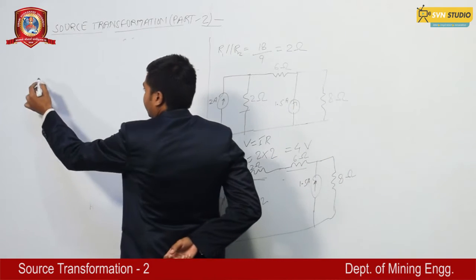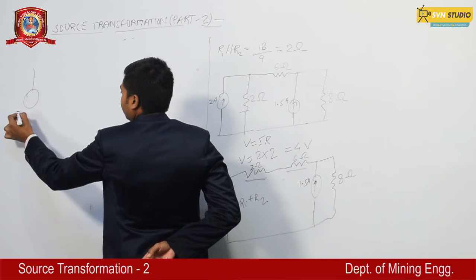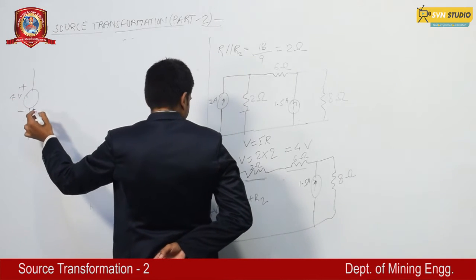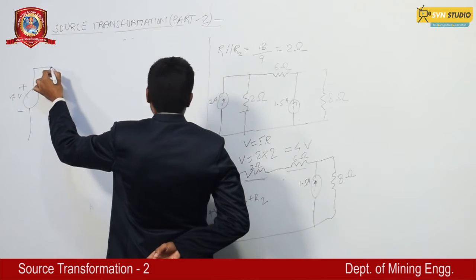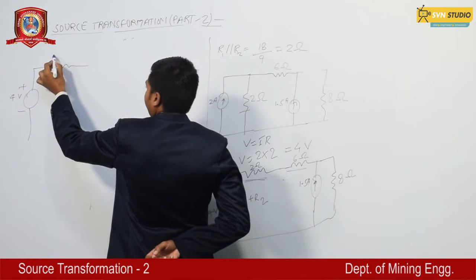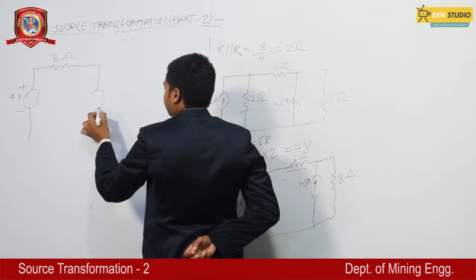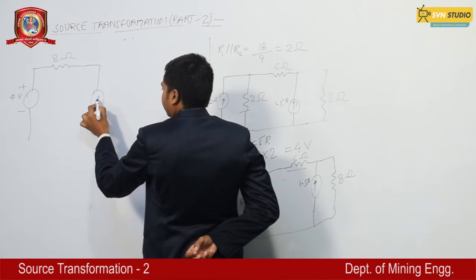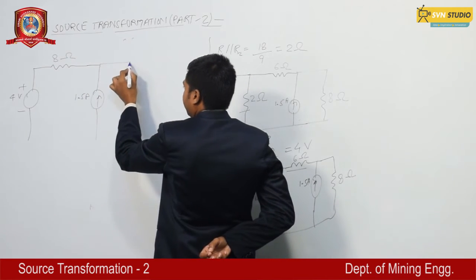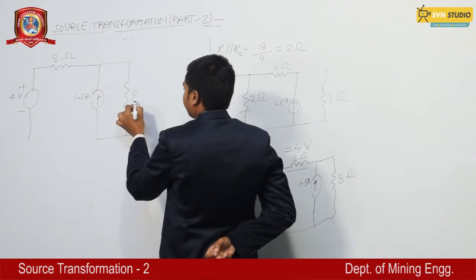So, now what we have? It is a 4 volt voltage source and the value of resistance will be 8 ohm, and here is the current source, direction is upward, 1.5 ampere, and lastly it is connected in parallel with an 8 ohm resistance.